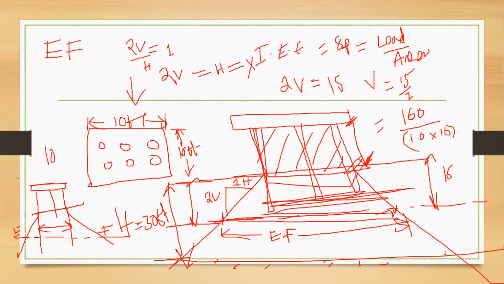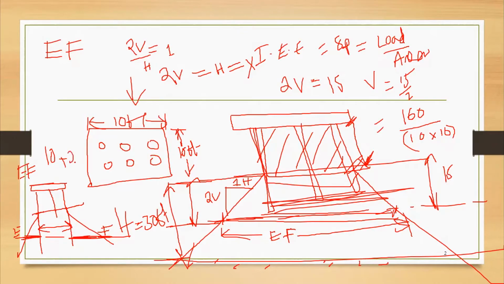If you wish to calculate EF, EF is equal to 10 plus, you don't know this portion and you don't know this portion. Am I right or not? Yes. So this is 1, this is 2.